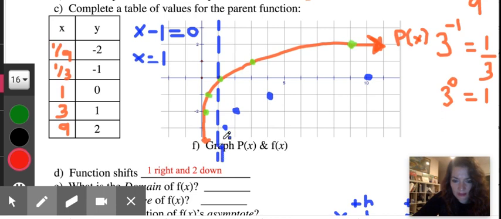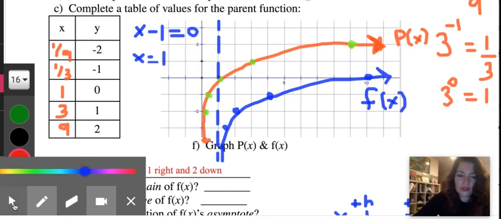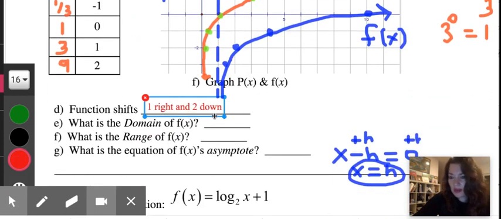So my graph that shifted 1 right and 2 down is this blue graph I'm drawing to the best of my ability right now. This right here is f of x.